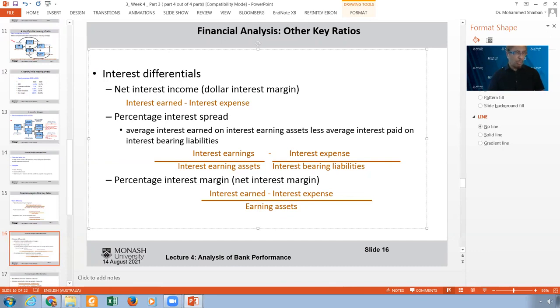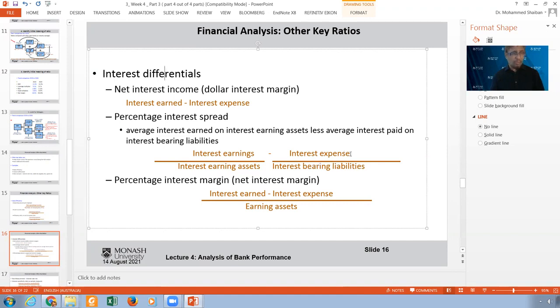So we want to know how much interest we are earning on our investments, either in loans or in trading. This is what we mean by interest earning assets, which means how we are doing in terms of our investment and loan policies. Interest expenses, the same thing, how we are doing with our liabilities.